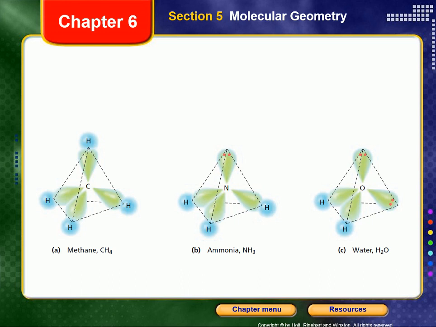Each unpaired electron is capable of forming a single bond, as is shown for ammonia in figure 6-24b. Similarly, 2 of the 4 sp3 hybrid orbitals on an oxygen atom, which has a configuration 2s2, 2p4, are occupied by 2 electron pairs, and 2 are occupied by unpaired electrons. Each unpaired electron can form a single bond, as is shown for water in figure 6-24c.